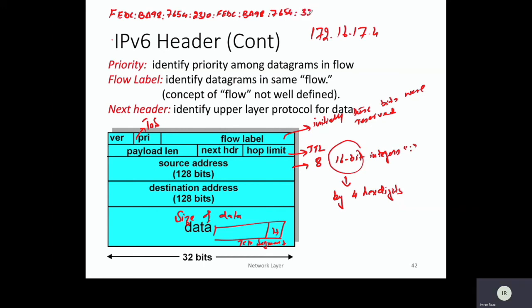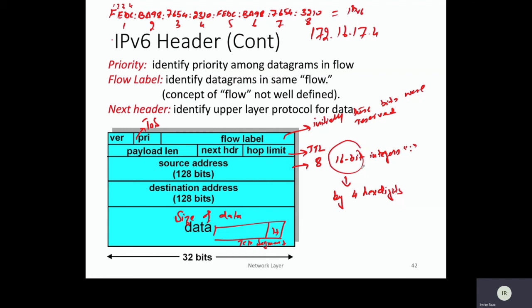Okay, so you can clearly see that here we have 1, 2, 3, 4, 5, 6, 7, 8, 8 16-bit integers, and each of these 16-bit integers is being represented with 1, 2, 3, and 4 hexadecimal digits. Okay, so this is how the IP version 6 address is represented.